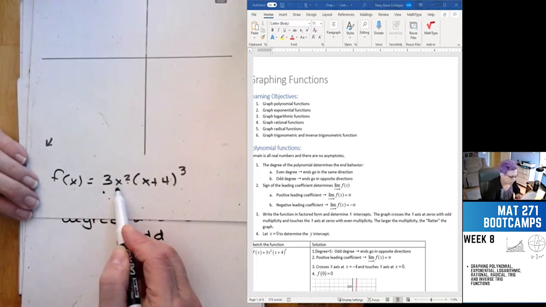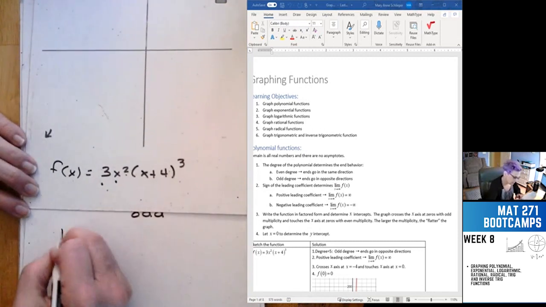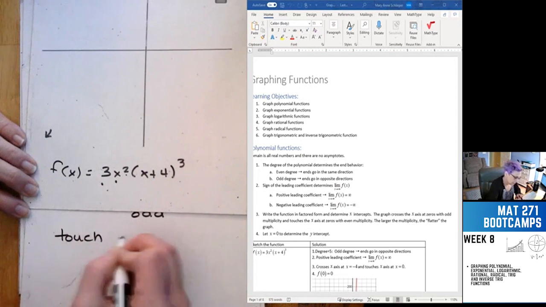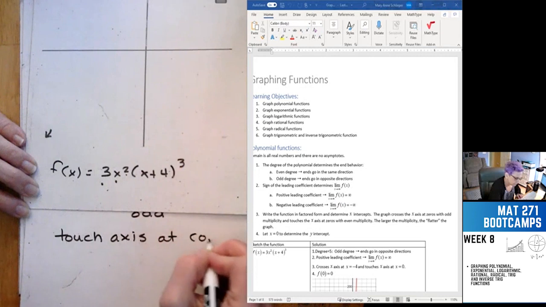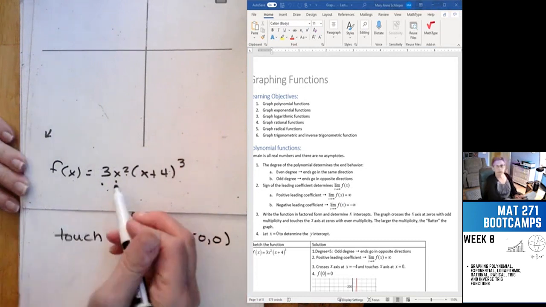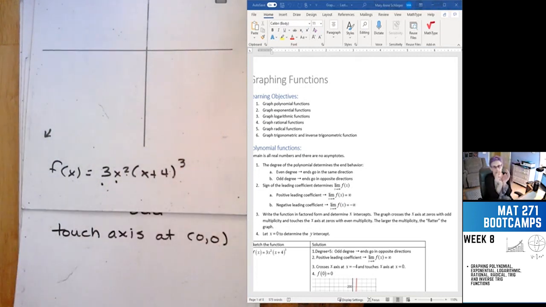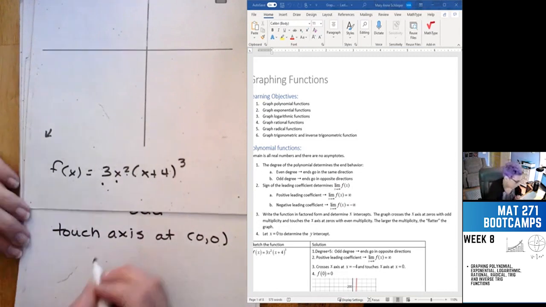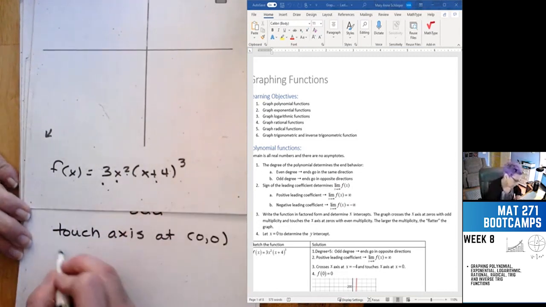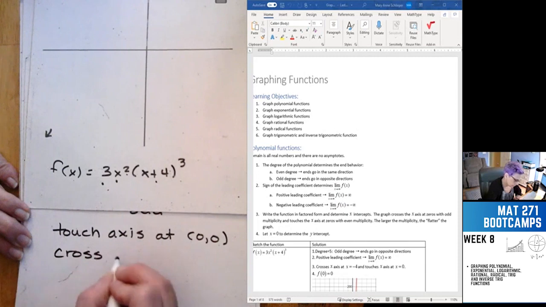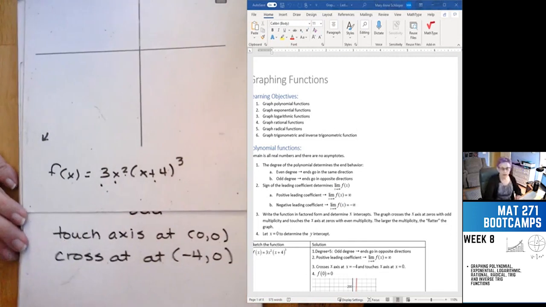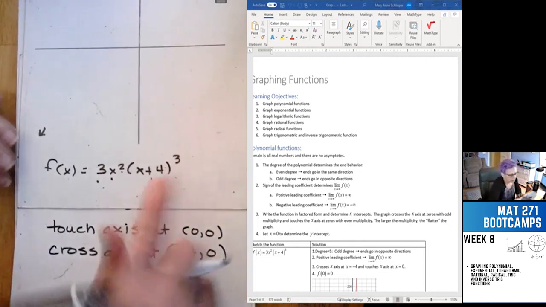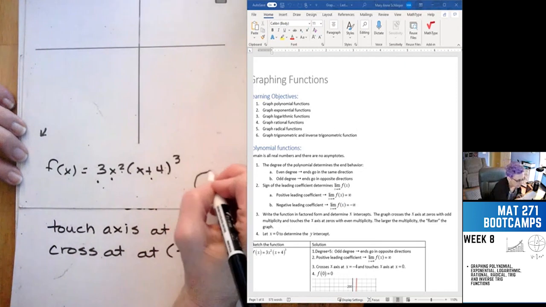I know it's going to touch the axis at 0, and it's going to look like just a happy parabola sitting there. I know that it's going to cross the axis at -4, 0, and it's going to look like a cubic function there.